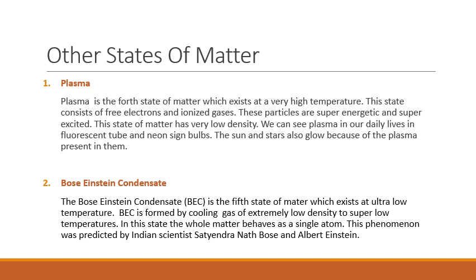It is formed by cooling a gas of very low density to super low temperature. In this state, the whole matter behaves as a single atom. This phenomenon was predicted by Indian scientist Satyendra Nath Bose and then generalized by Albert Einstein. And from here this state got its name Bose-Einstein condensate.